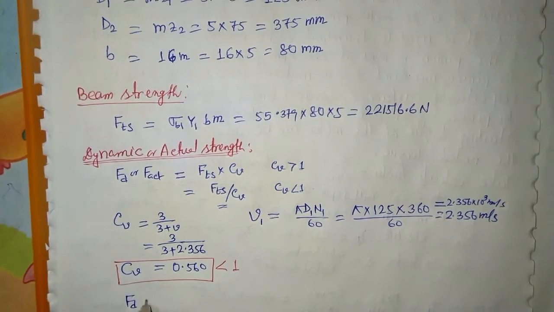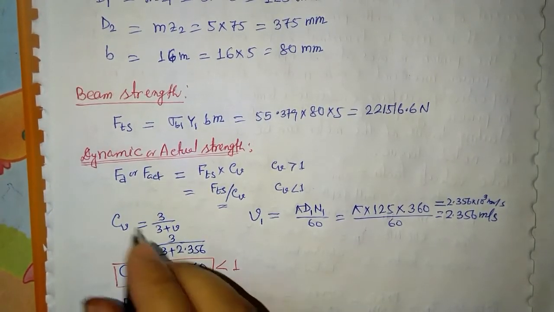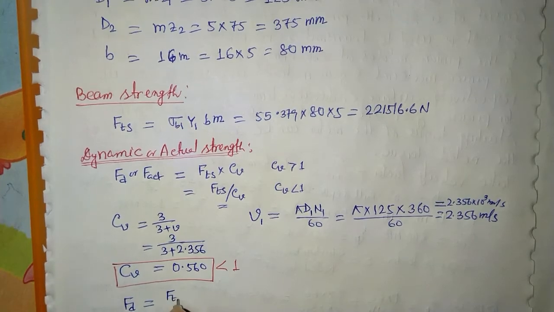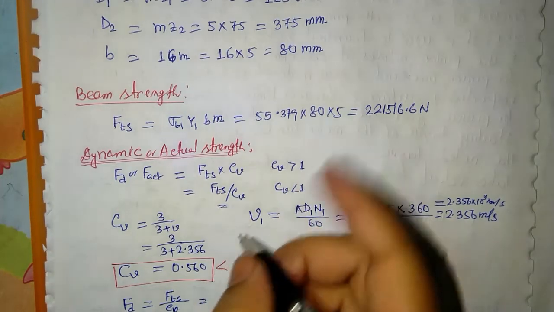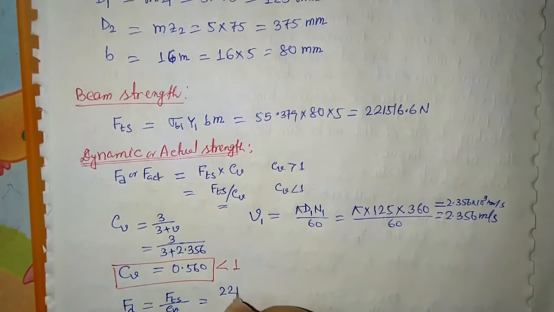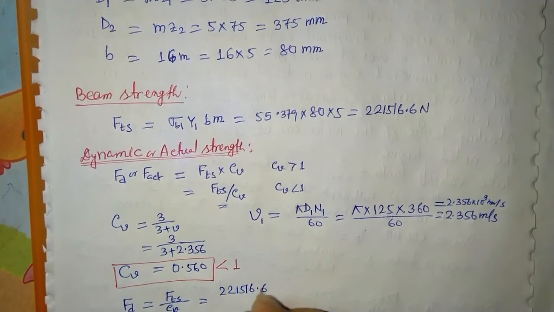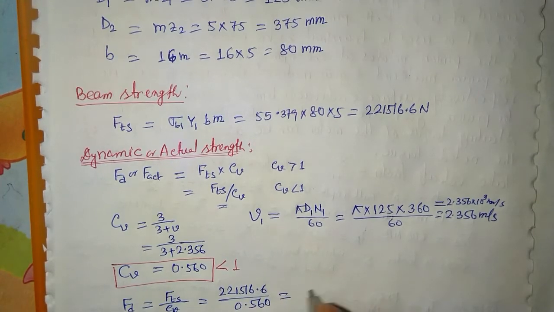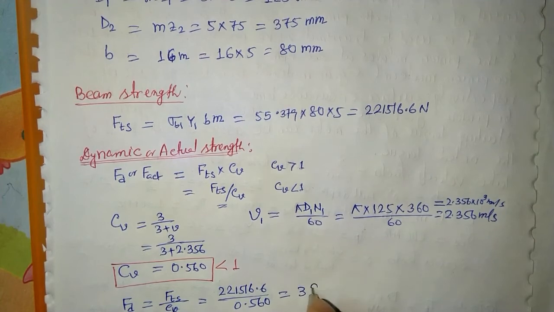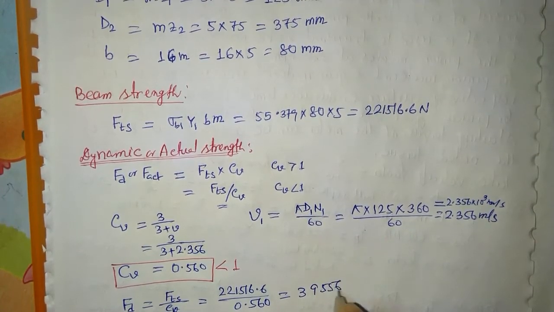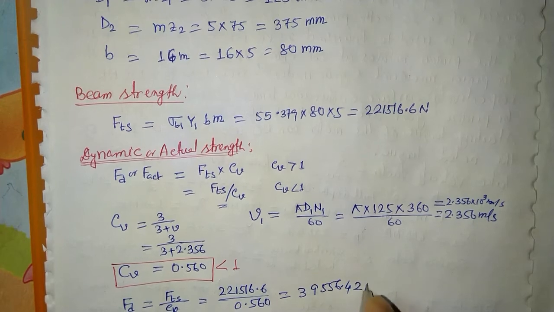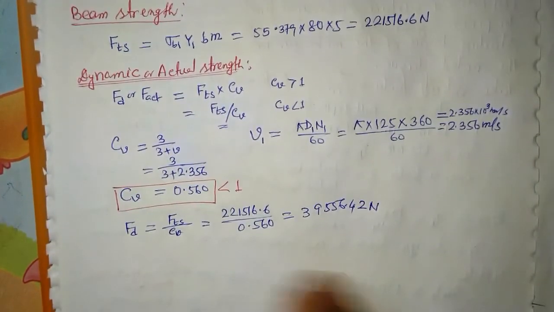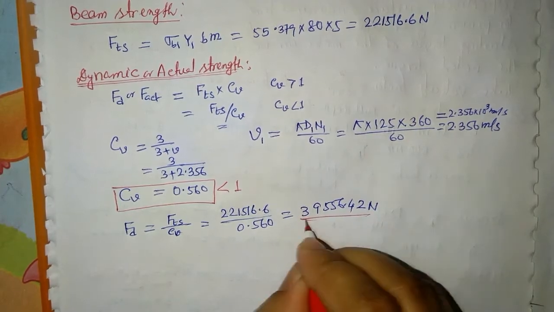Okay, so fd we get, that is our how much? f of ts by cv, and f of ts is 21516.6 by 0.560, this value fd, and if we find we get 39556.42 Newton.